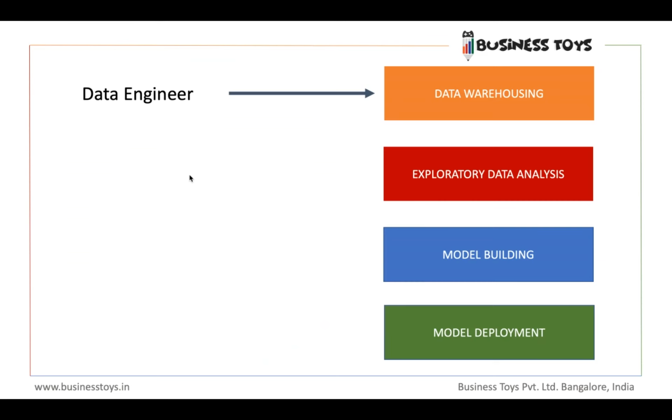Now I'll tell you a little bit about what data warehousing is. In any organization, when a data scientist works, the main raw material required for a data scientist to process and come out with interesting insights is data, right? And this data is never clean. This data is never organized.